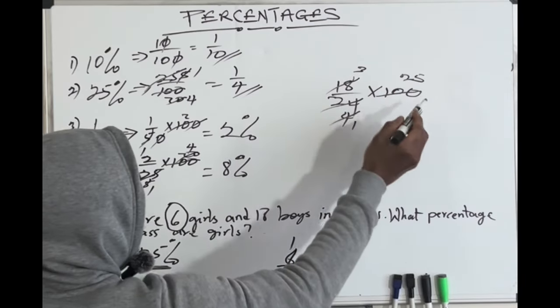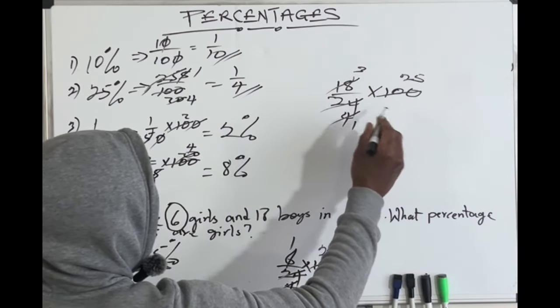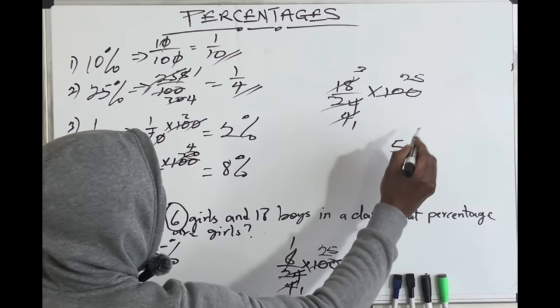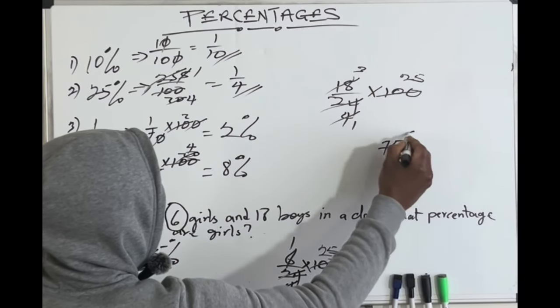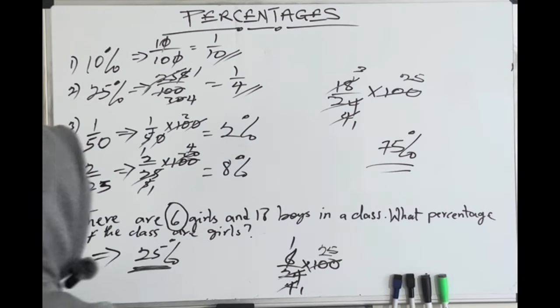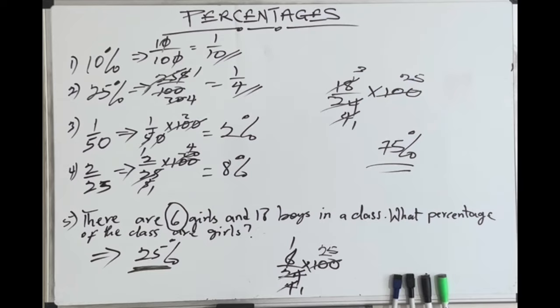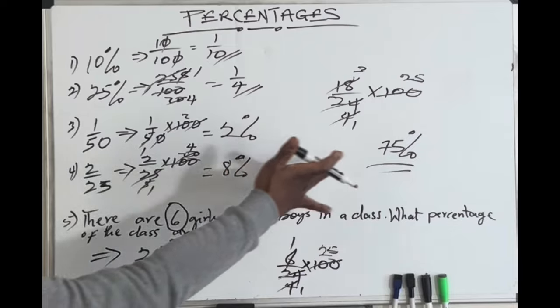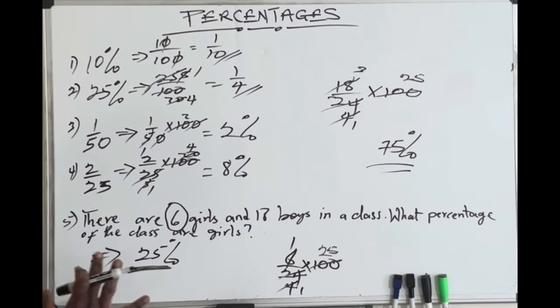Then 25 times 3 is 75, so 75%. If it was to be boys, this would have been your answer. If it was to be girls, this would have been your answer.